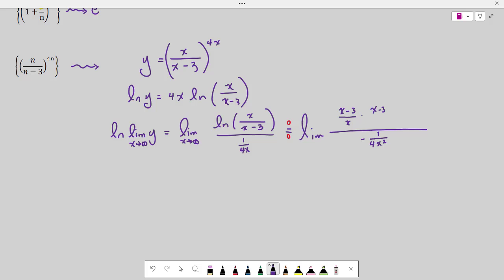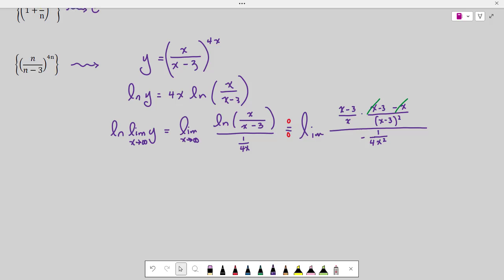Low d high minus high d low, which is also 1, all divided by low squared. So we cancel out these x's. And let's see what we have ended up with.